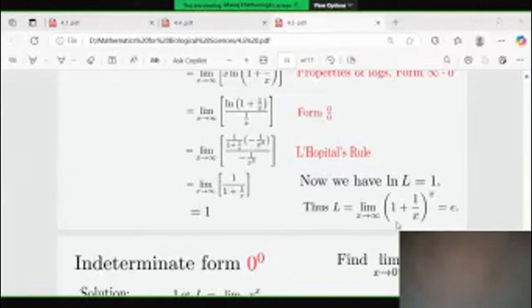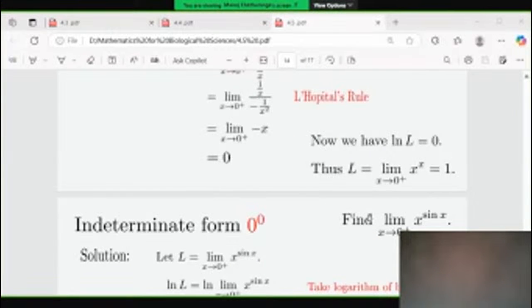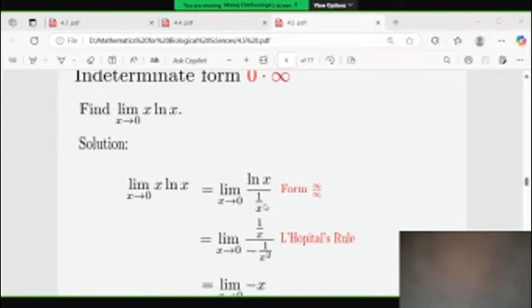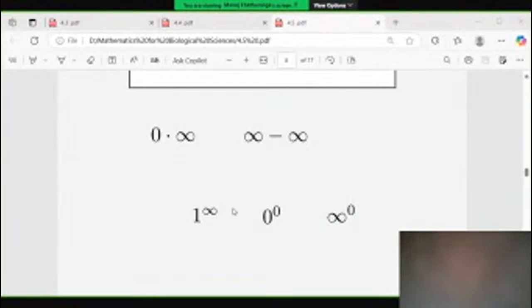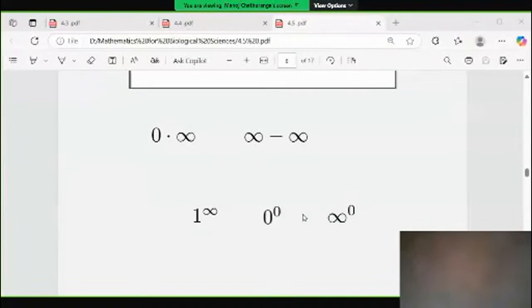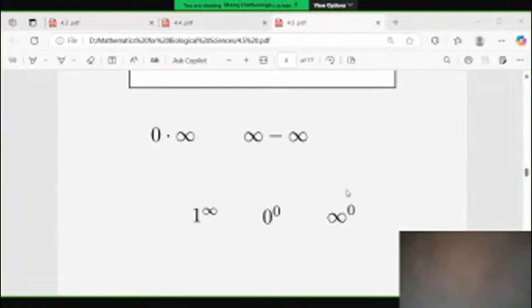Always you need to convert these indeterminate forms to 0 by 0, especially if it has powers. Like if the indeterminate form is 1 to the power infinity, 0 to the power 0, or infinity to the power 0, you need logarithms, because once you take a log of an exponential, the power becomes a coefficient.